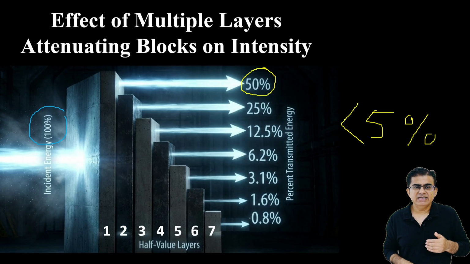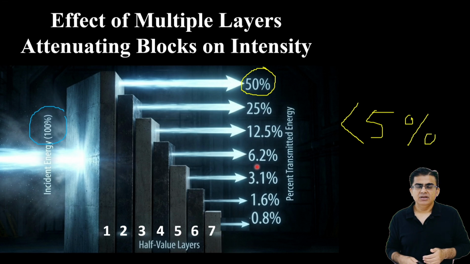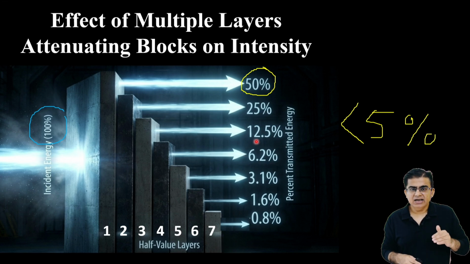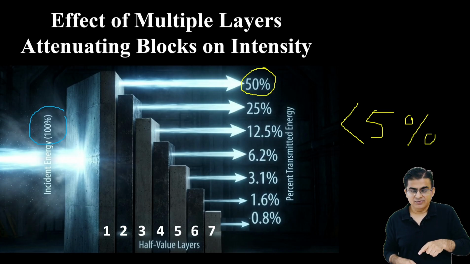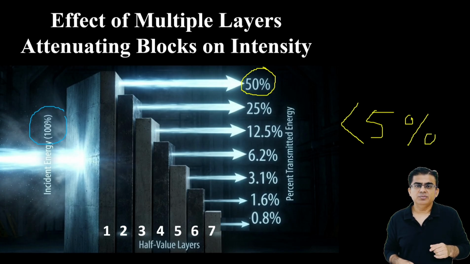Let us look at the percentage drop to see exactly how much thickness we need. If we use exactly 4 half value layers, the transmission drops to 6.2%. This is still slightly above our 5% acceptable limit. But if we use exactly 5 half value layers, the beam transmission drops to approximately 3.1%.